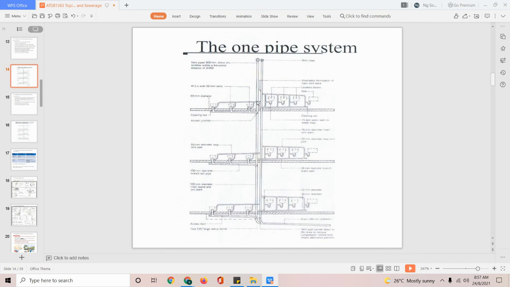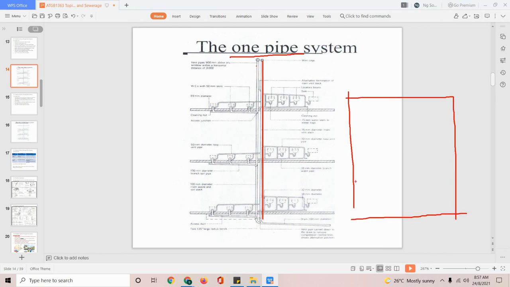Okay, so for this one pipe, the separation is just between this and this. So this pipe is purely ventilation. If you look at it from a plan perspective, you cannot have a separate pipe where this is your vent and this is your soil pipe, because it doesn't make sense to put them away from each other, because they are there to vent.